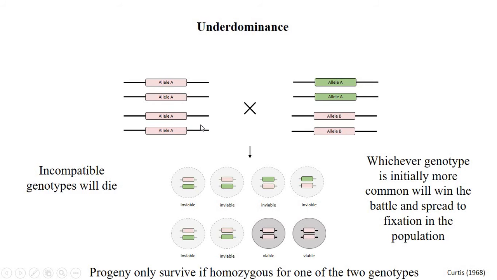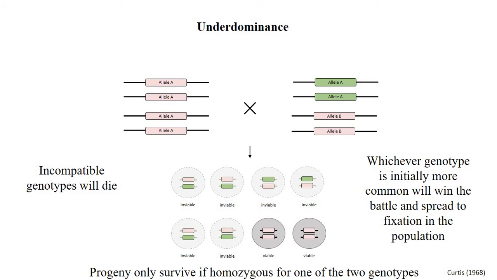So when these individuals mate, they will be able to produce viable offspring. These only produce viable offspring when another individual of the same genotype mates with this individual. Otherwise, they won't be viable. That's how the alleles get fixed in a population, because these are incompatible.